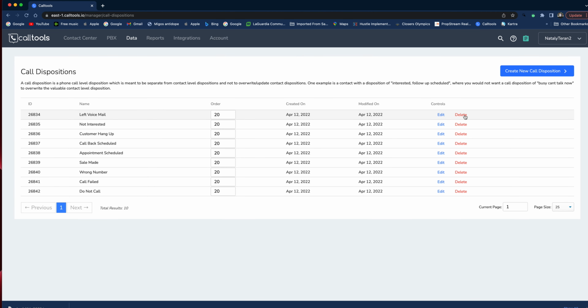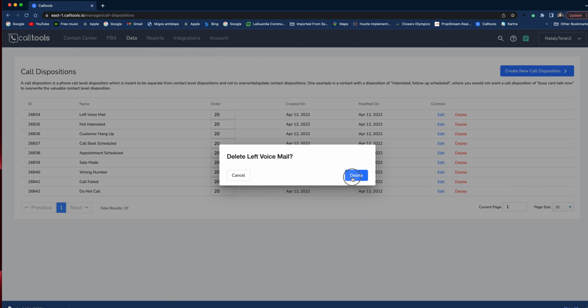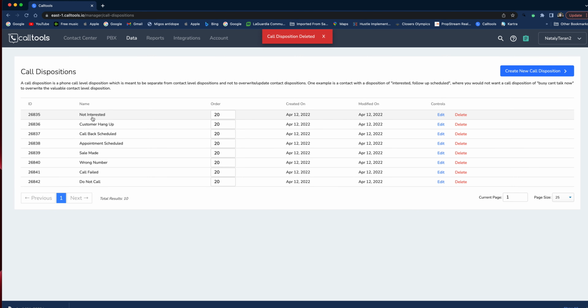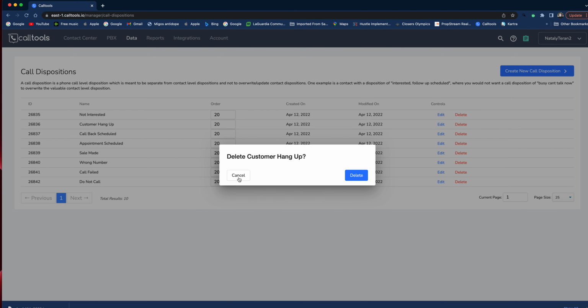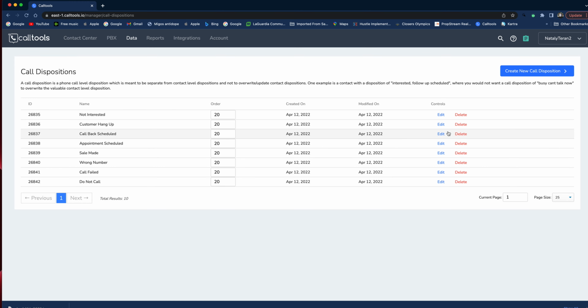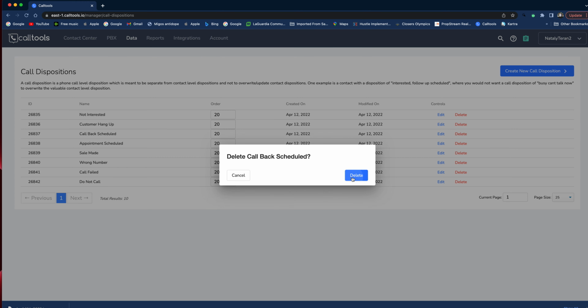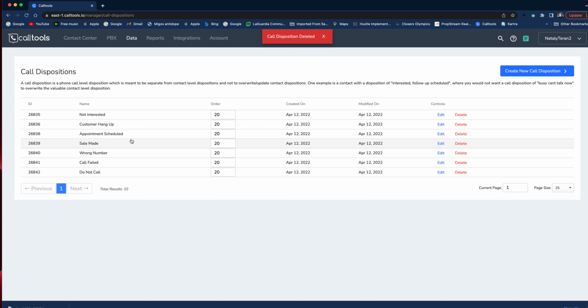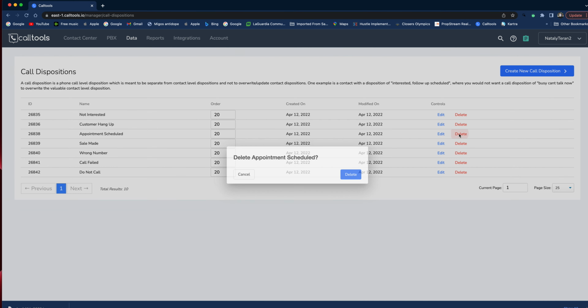Left voicemail, I don't use that one at all. Not interested, I always use that one. Customer hang up, I don't use that one either. Well, actually, we can use that one or whatever. Callback scheduled, I don't use that one. Appointment scheduled, I don't use that one.